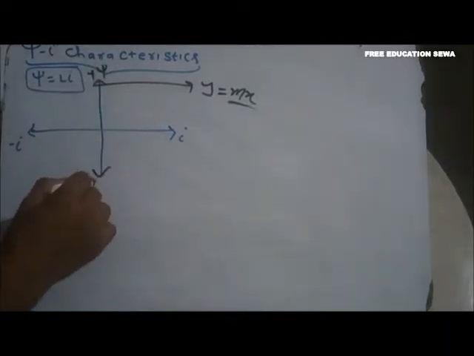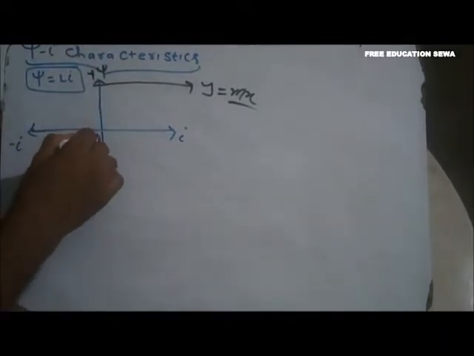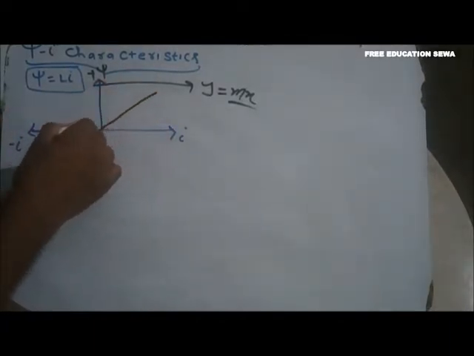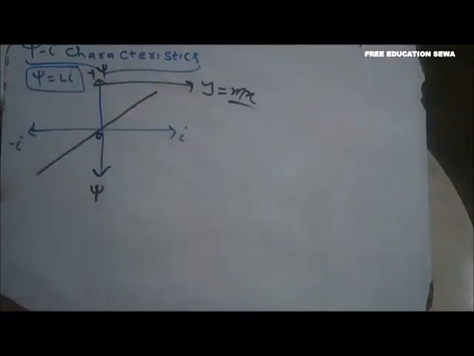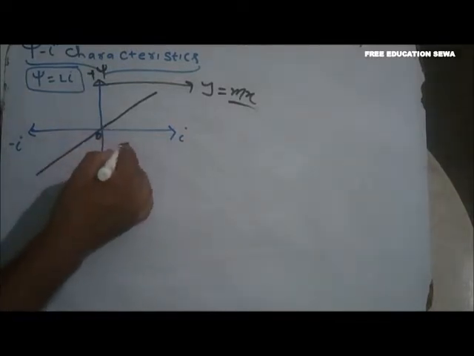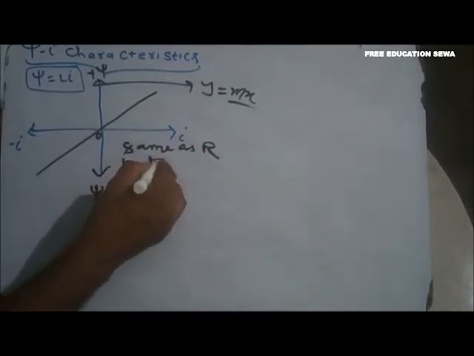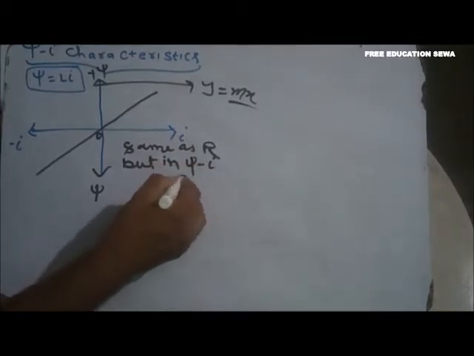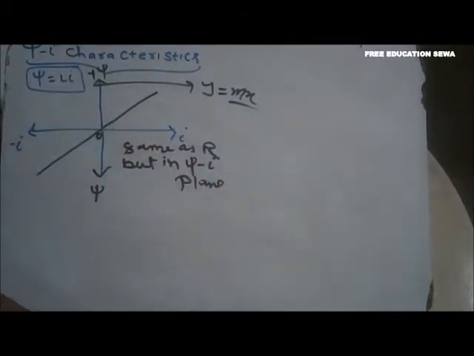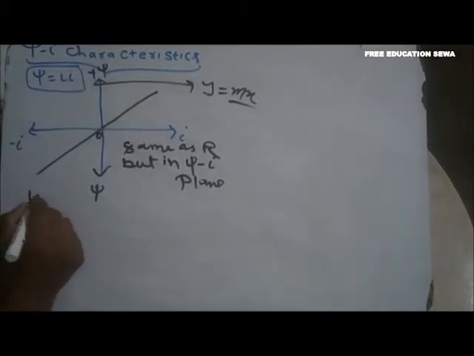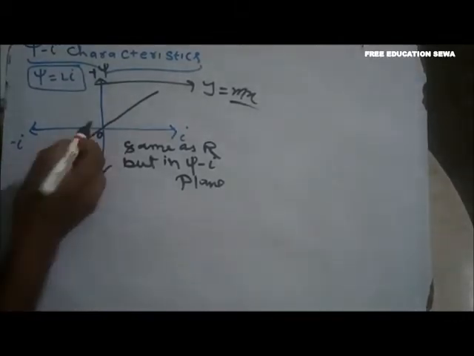Now this is the origin, and the slope of this will be linear. Why linear? It is clear from this equation. It will be the same as R resistance, but in the zeta-i plane. Here what we are assuming from this equation or the characteristics is that L is linear, because its graph passes through the origin.